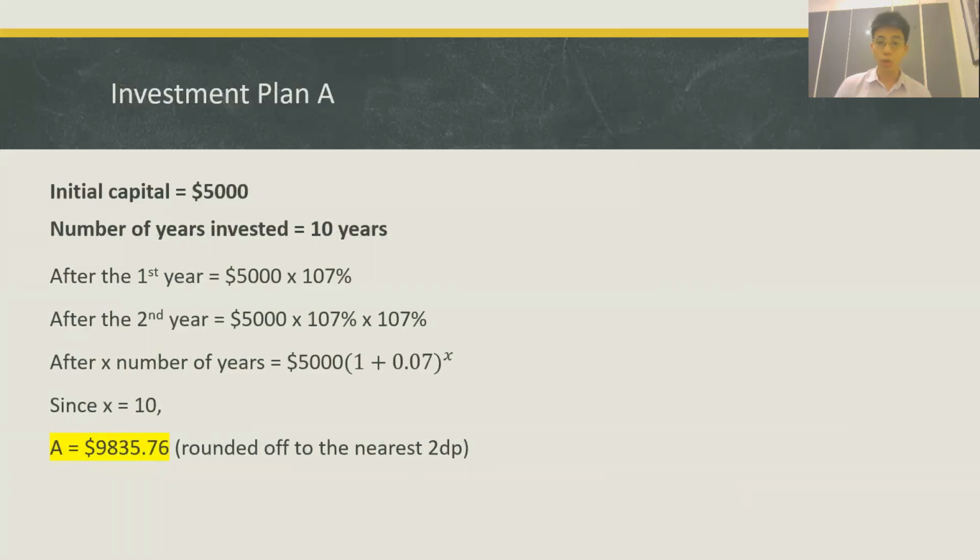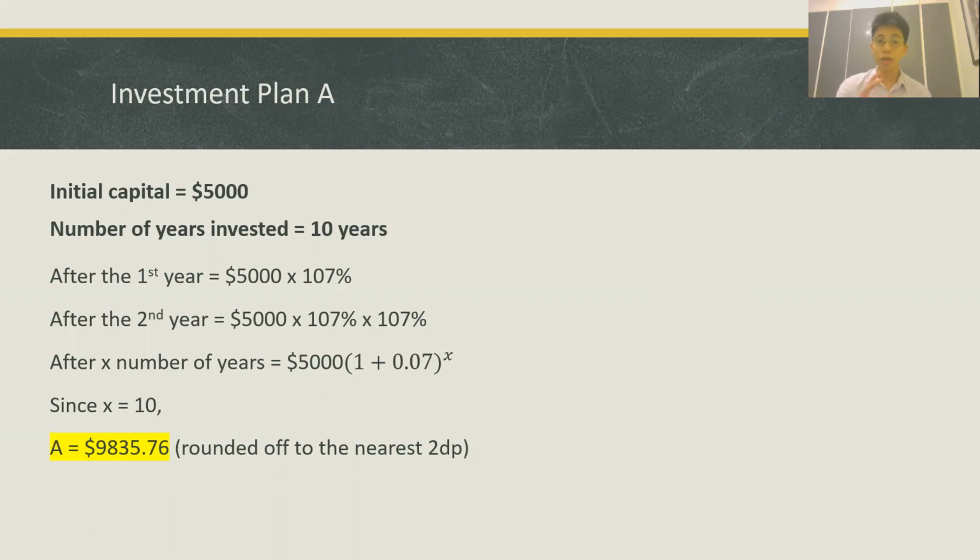So the equation is $5,000 times 107%, or to put it more simply, 1.07.